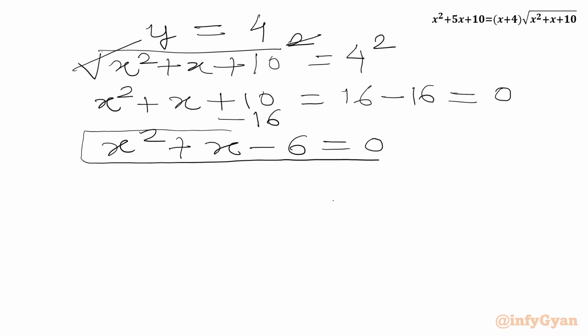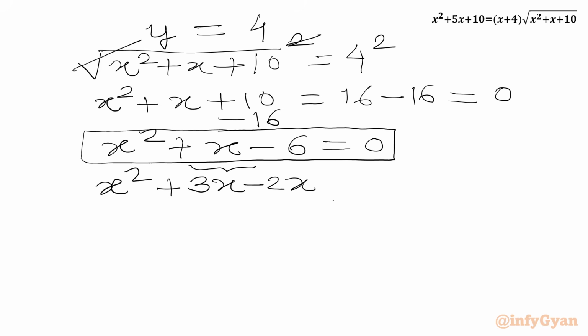Now the equation is quadratic, we can follow the factorization method. So let me split our middle term plus x. X square will be as it is. Then we have plus x, which we will write as 3x minus 2x. Minus 6 equal to 0. From first two terms, I can take x common, so in the bracket, I can write x plus 3.